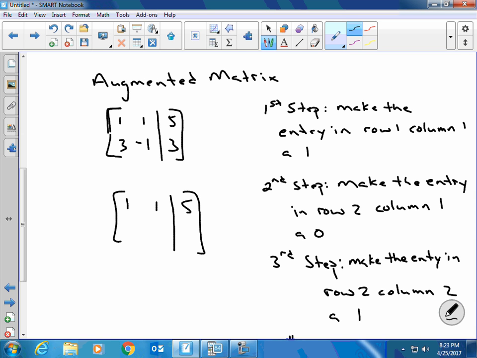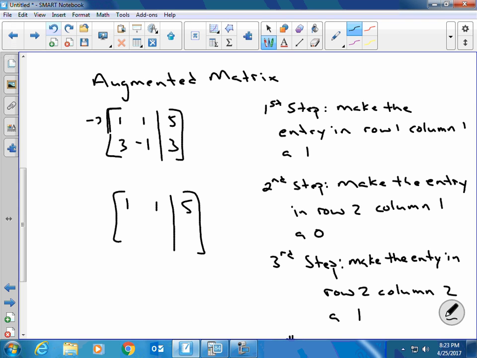Just like when you've done systems of equations in the past, and you did this elimination technique, you multiplied one of the equations by something and added it to the other equation. Remember, these are like equations. These rows came from equations. So I'm basically going to use that thought process. I'm going to multiply this first row by a -3.